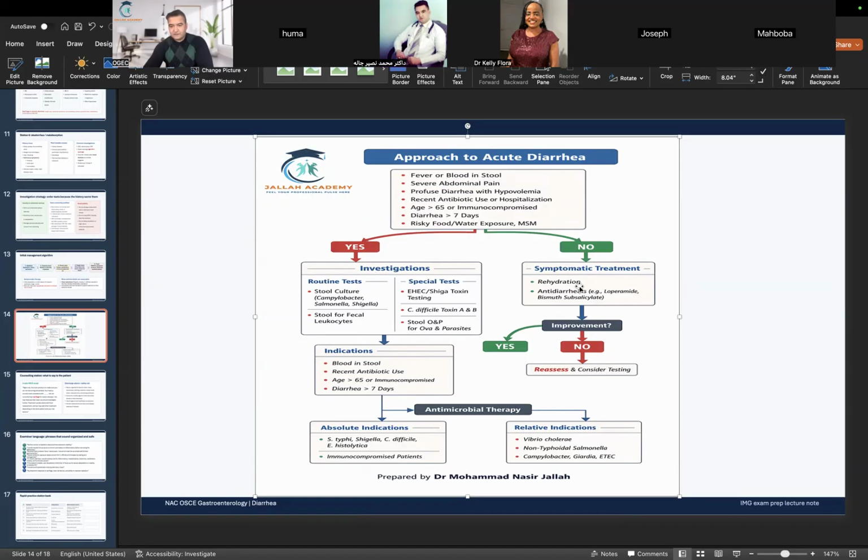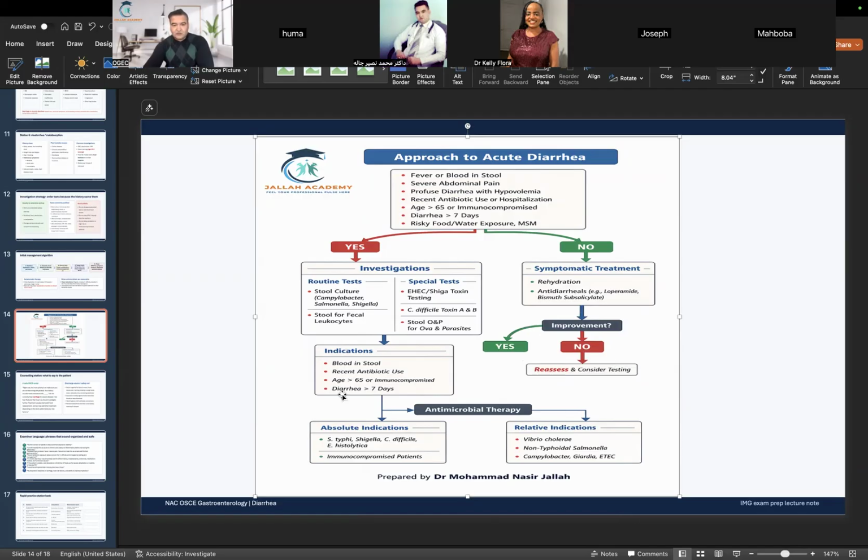If no, this. And then we see if it is improving. So rehydration and anti-diarrheal agents like loperamide, bismuth subsalicylate. If the patient is improving, good. If not, then we have to reassess and consider tests.